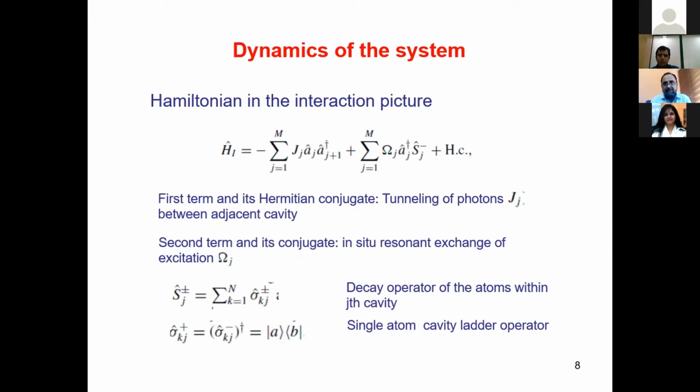The second term and its conjugate is the in situ resonant exchange of excitations, so the coupling is basically responsible for this resonant excitation. These S plus and minus are the decay operators of the atom within the cavity, and sigmas are nothing but the single atom cavity ladder operators. A and A dagger are nothing but the field operators. This will be the only equation that I will show.